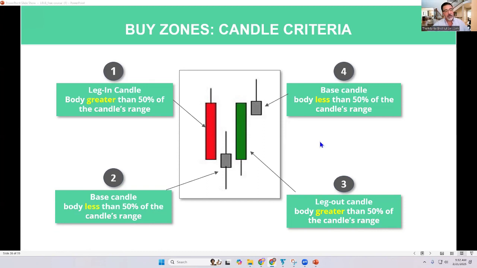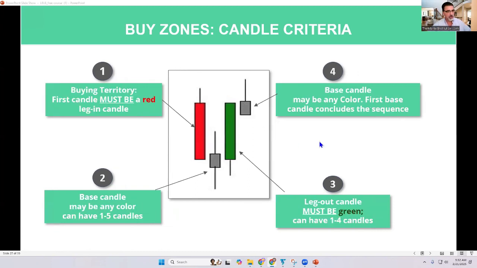Now, as we start going through this, I'm going to give you a little more detail. In the buy territory, the first candle must be a red leg in candle. Base candles can be any color, and I can have 1 to 5 base candles, no more than 5. Keep it very specific. Most often you're going to have 1 to 3.